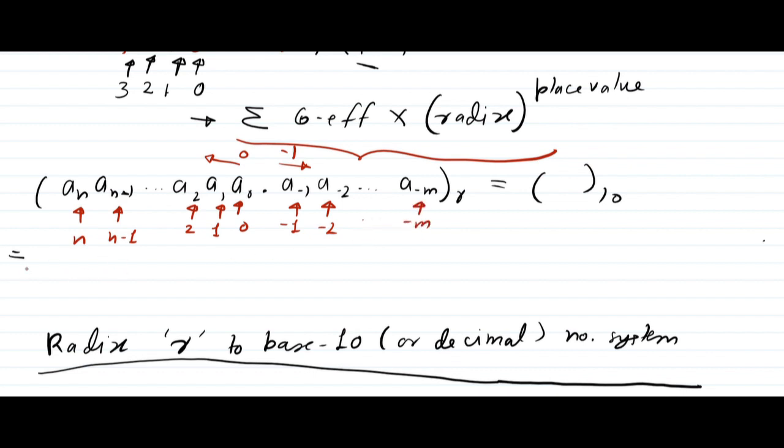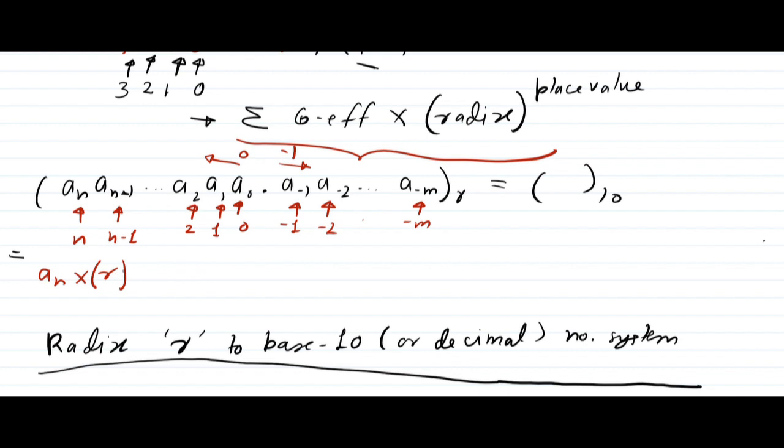So what will be the expanded version in base 10? It will be a_n, that is the coefficient, multiplied by the base. The original base or original radix is r, not 10, sorry.